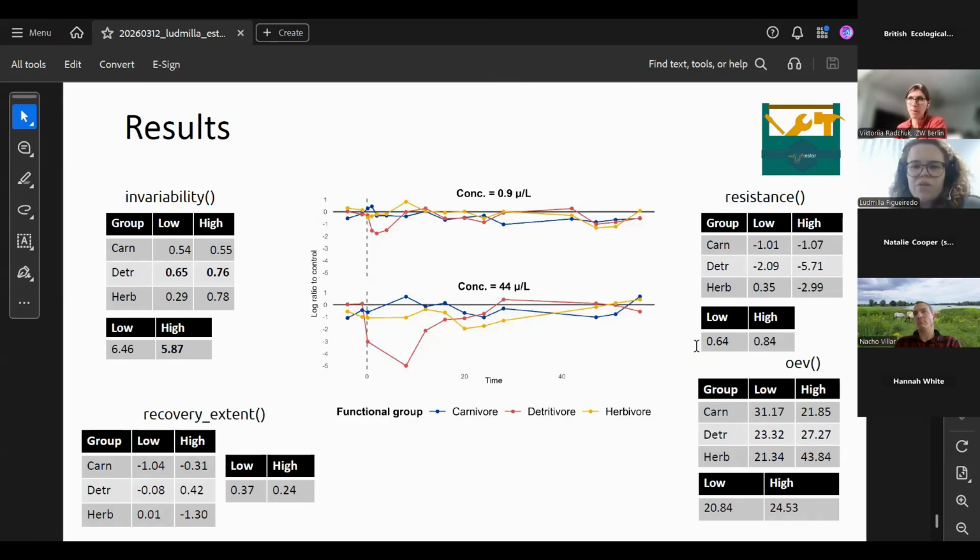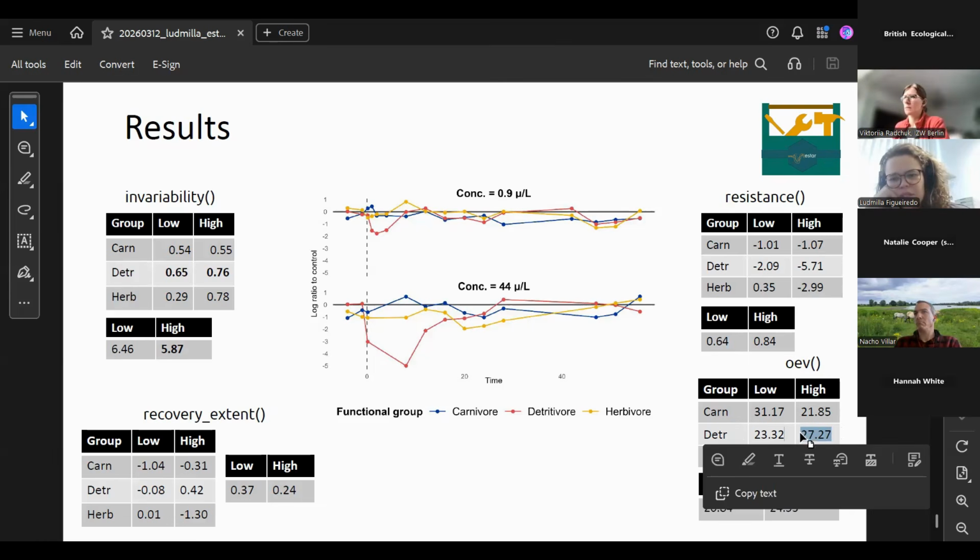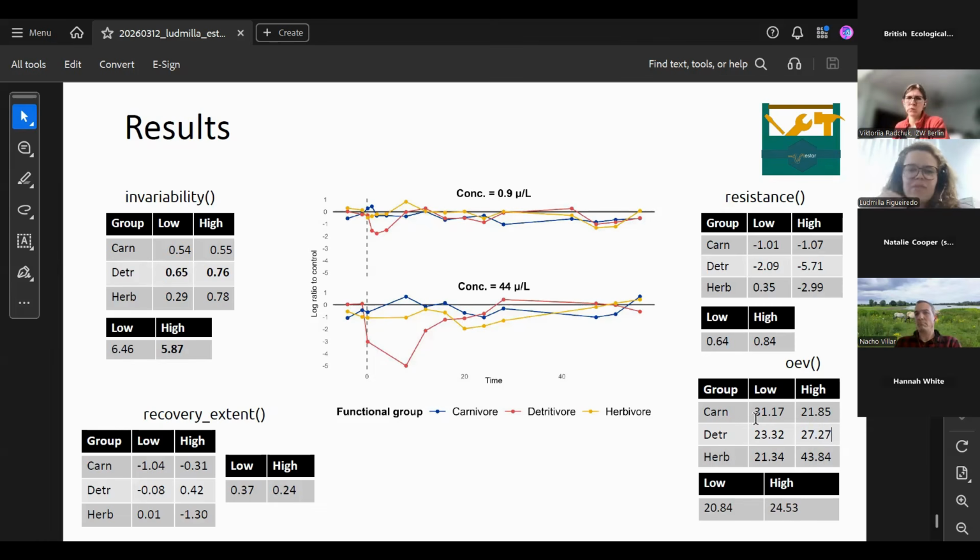And finally, for the overall summarizing metric, when we look at the overall ecological variability, we see very illustratively for the detritivores, for example, how under a high concentration of the insecticide we have this bigger area.